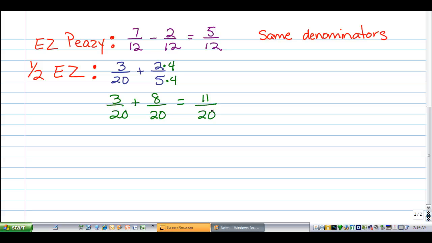All right, so that is called the half easy, and that is when one denominator can be turned into the other.